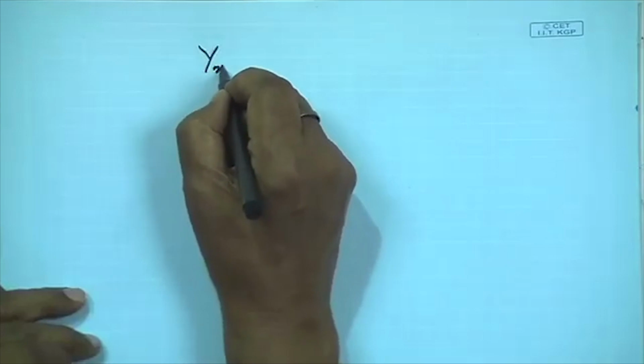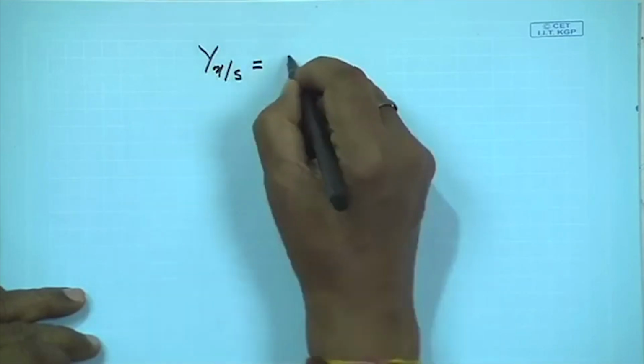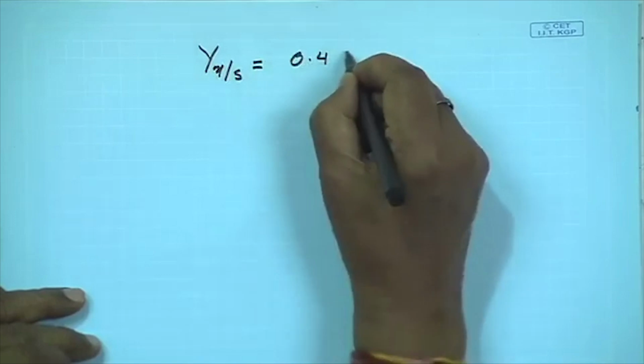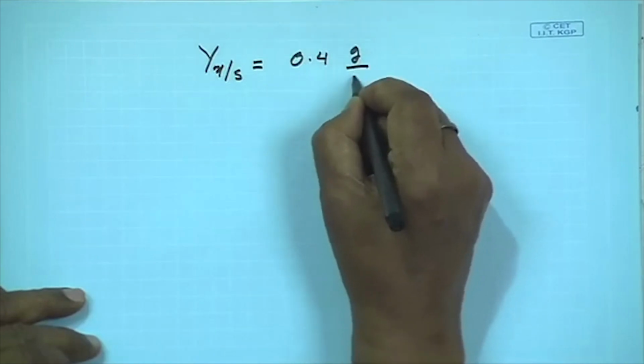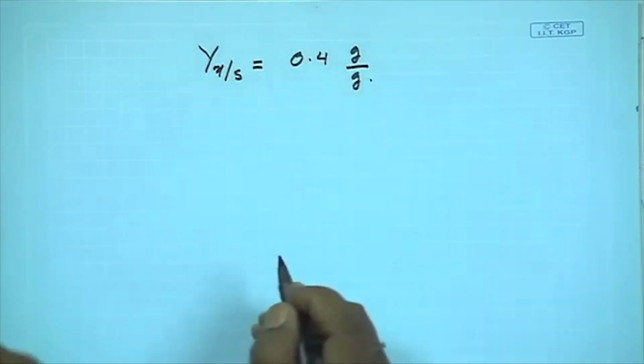This is an aerobic fermentation process, and we have to find out how much oxygen is required for this production process. The yield is 0.4 gram biomass per gram of glycerol consumed, which is nothing but Yx/s. Yx/s is 0.4 gram biomass per gram of glycerol, as given.